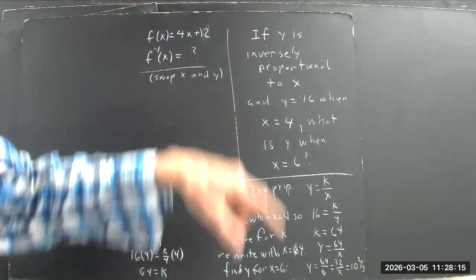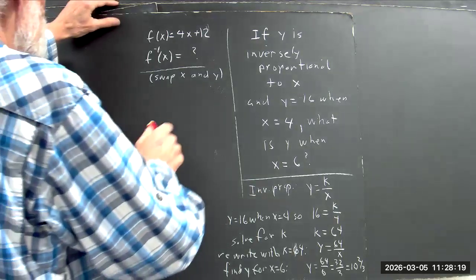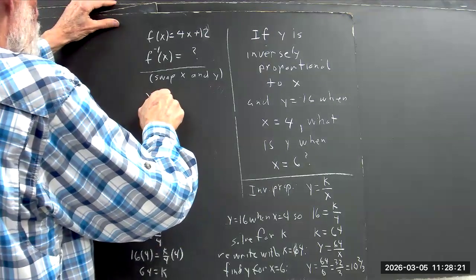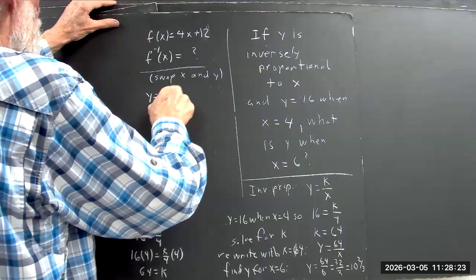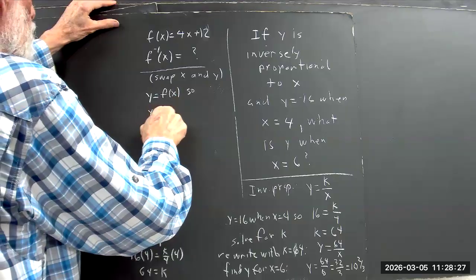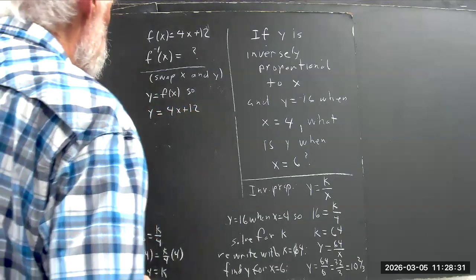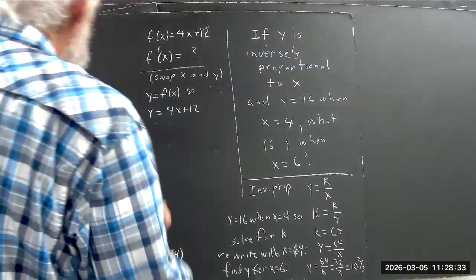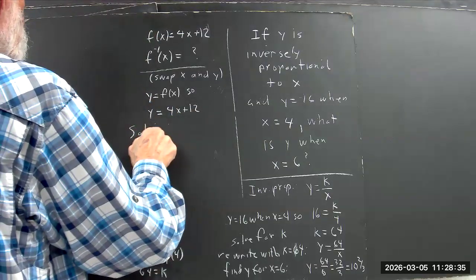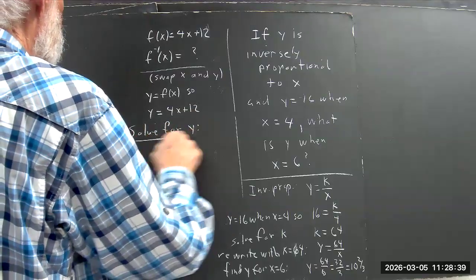Well, before we swap x and y, we got to have a y. Well, y equals f of x. So y equals 4x plus 12. Solve for y.